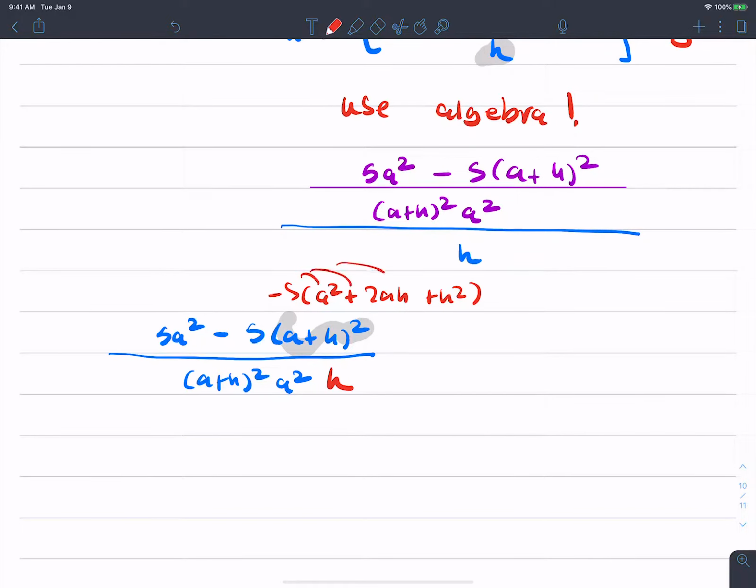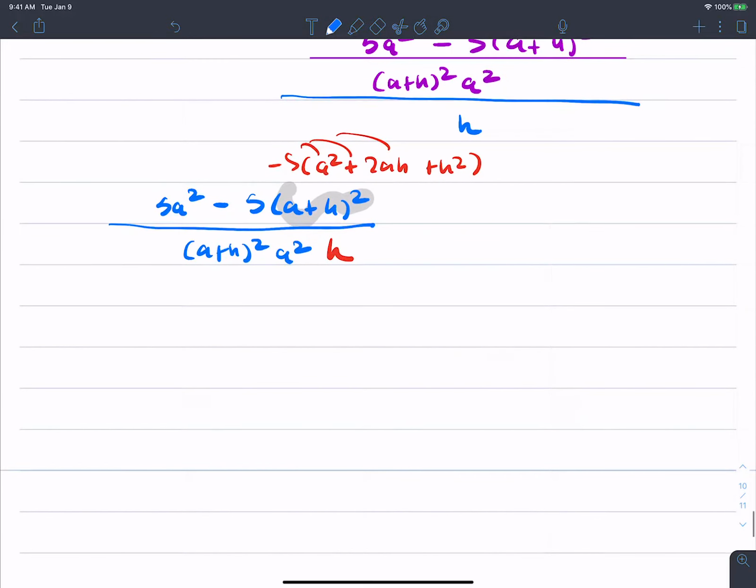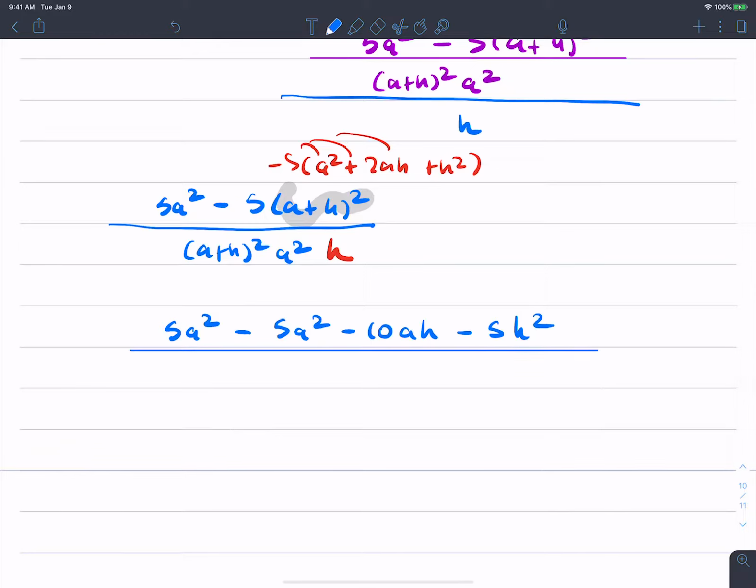You're going to multiply negative 5 to all those terms. So let's see what we end up with. From some algebra, we have 5a squared minus 5a squared minus 10ah minus 5h squared, everything over a plus h squared times h.